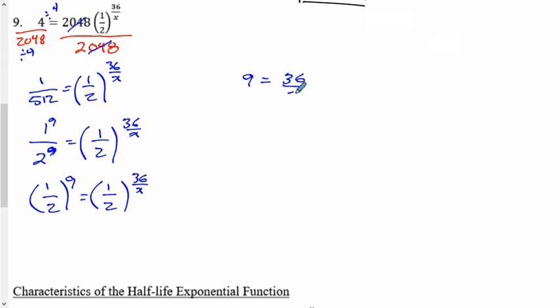Well, here we have a couple options. Let's say we're going to multiply both sides by x to get the x out of the denominator over here. So that gives me 9x equals 36. And then I can divide by the 9 to isolate the x. And I'll get x equals 4.